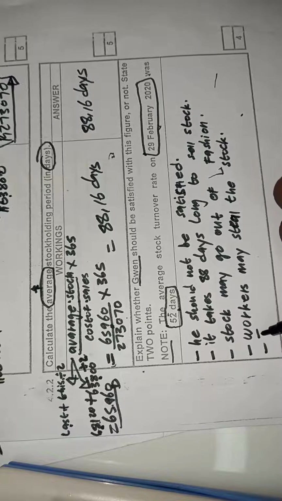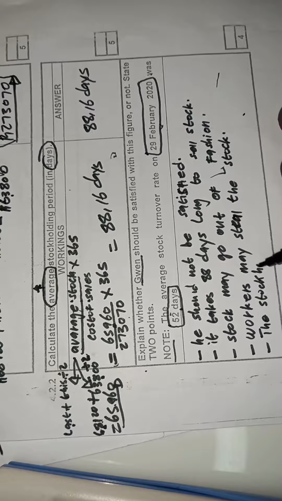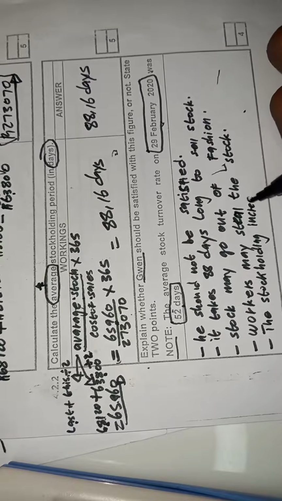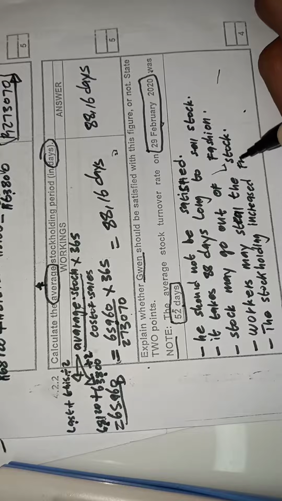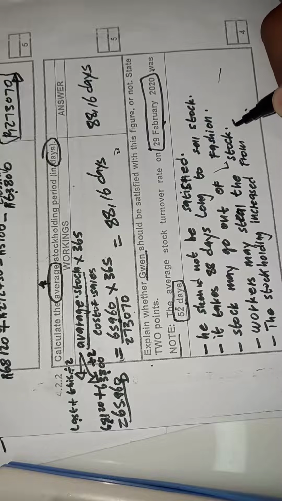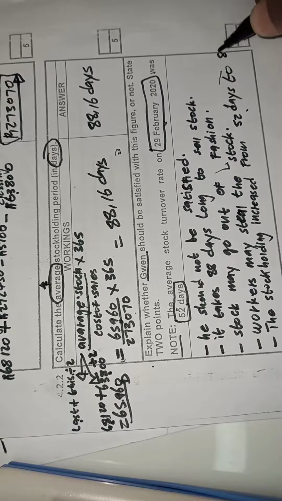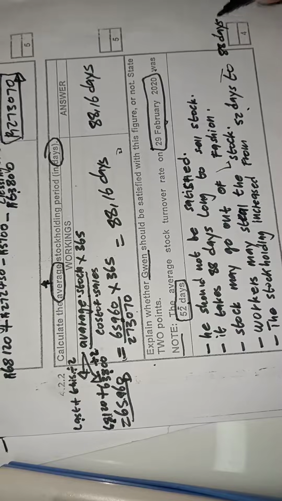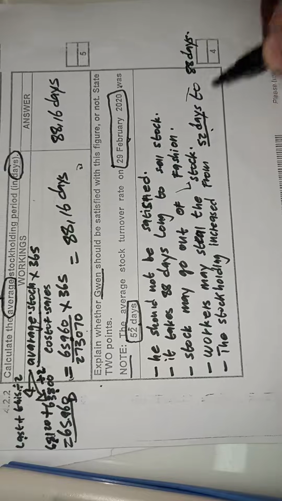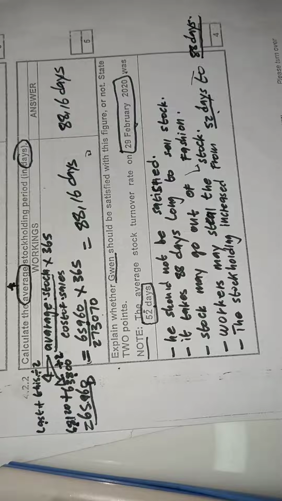So the stock holding period increased from 52 days to 88 days, which is not a good thing. When the stock holding period grows from 52 days to 88 days, it's not a good thing. Why? Because of all the reasons I've listed here.